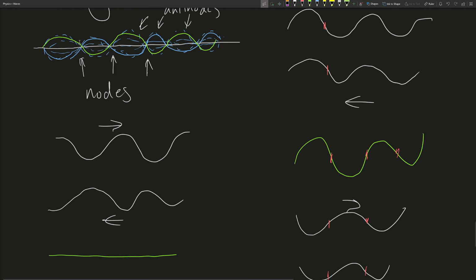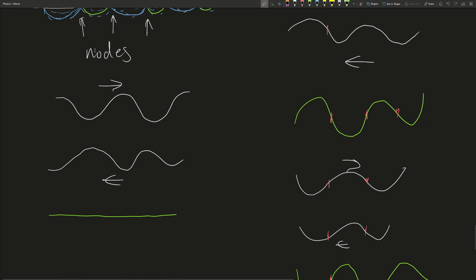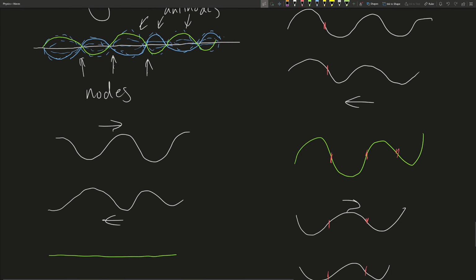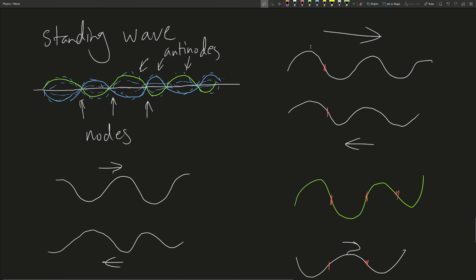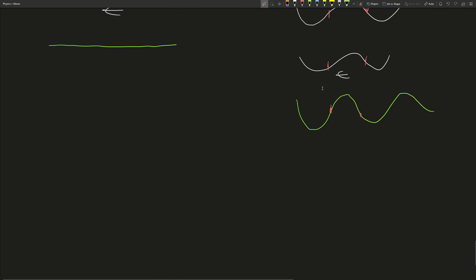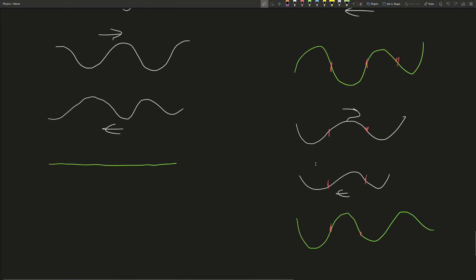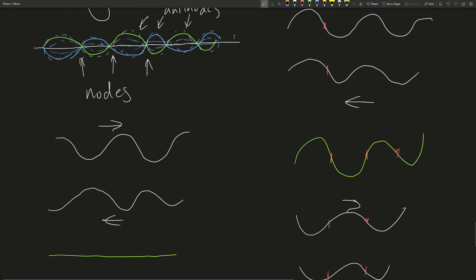They never add up, so the amplitude is always 0. And there are points where the waves are constructive, and they can be constructive in different directions. Like here, they're constructive downwards, whereas here it's constructive upwards. The places that experience constructive interference are your antinodes, and that's why they vibrate.